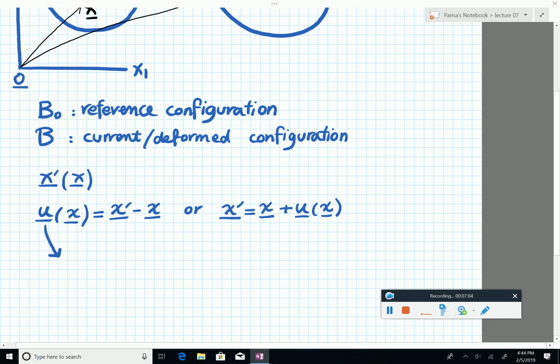So now, before we call this a vector, or a vector field, because for every single point in your body, you can imagine to have one of these vectors, right? Now it has a name, and the name is, what do we call U? Displacement field. Yeah, exactly.